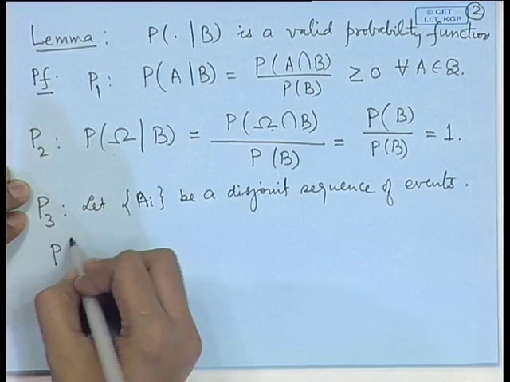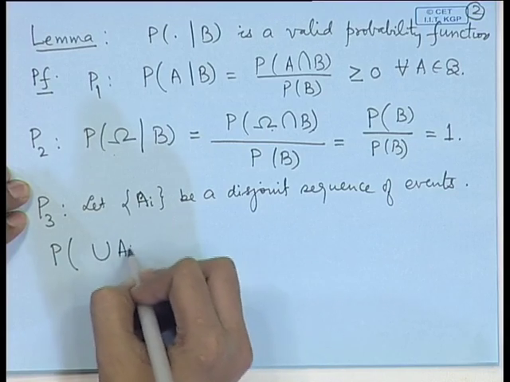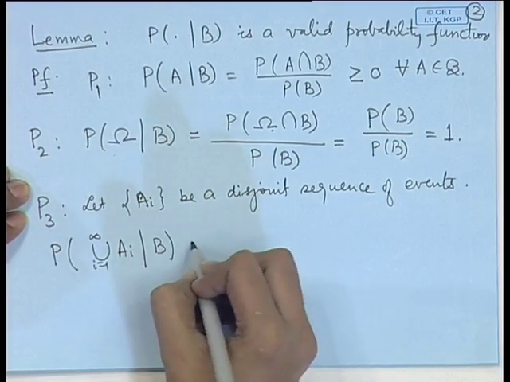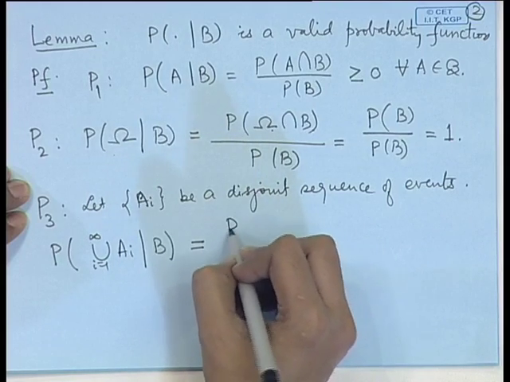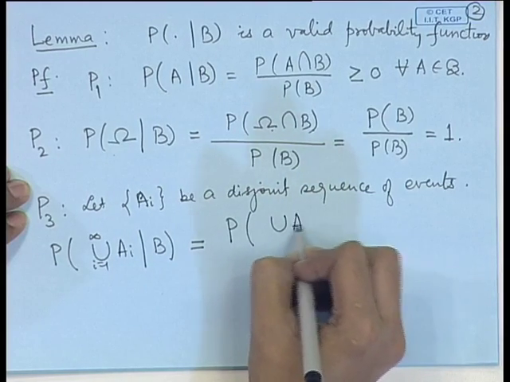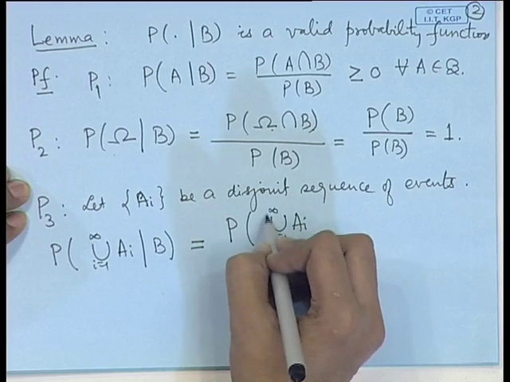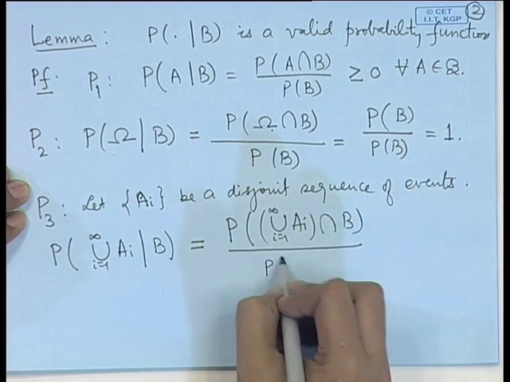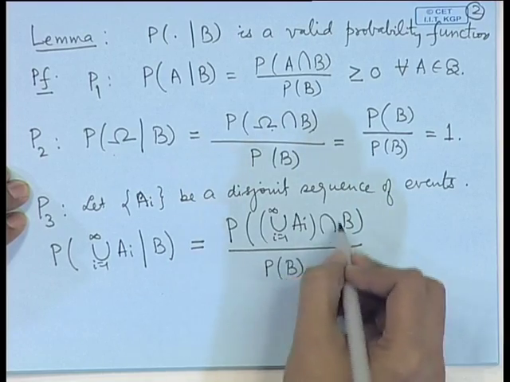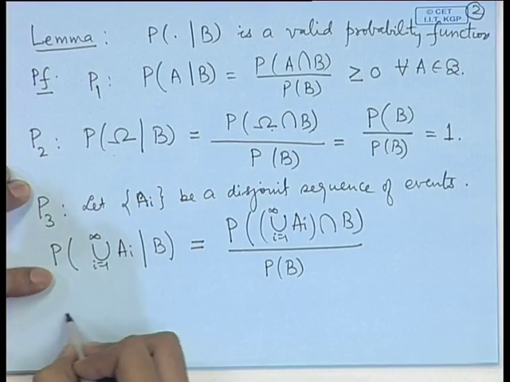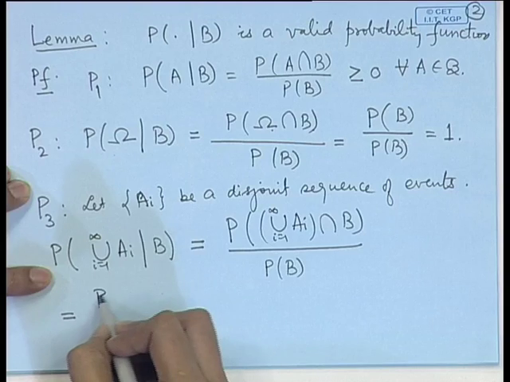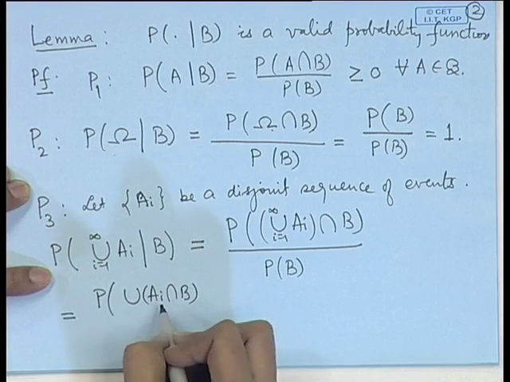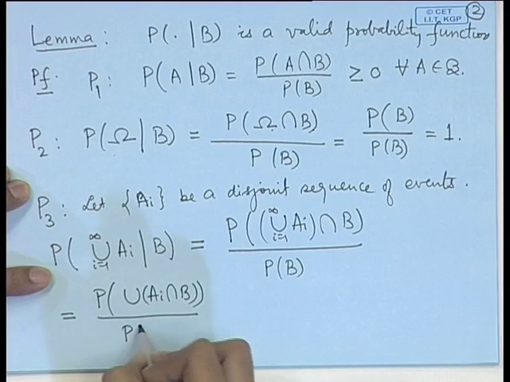Let us consider the probability of union A_i given B. Now, by the definition of conditional probability, this will be equal to the probability of union A_i intersection B divided by probability of B. Now, in the numerator I can apply the distributive property of unions and intersections. So, this becomes the probability of union of A_i intersection B divided by probability of B.